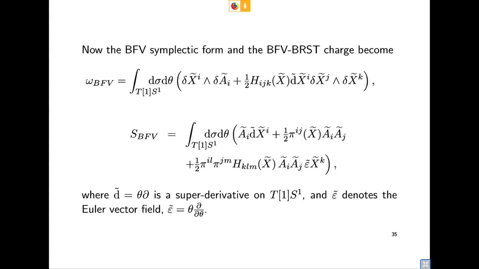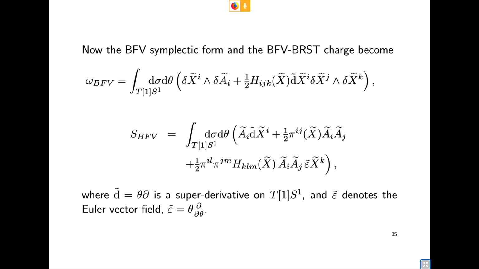The BV formalism is more general than AKSZ. The AKSZ sigma model is a special model among all the BV formalism.